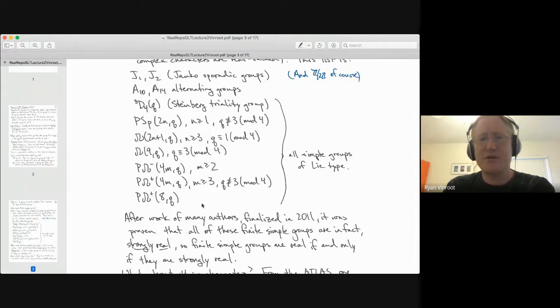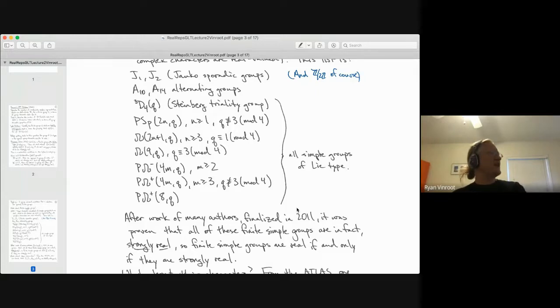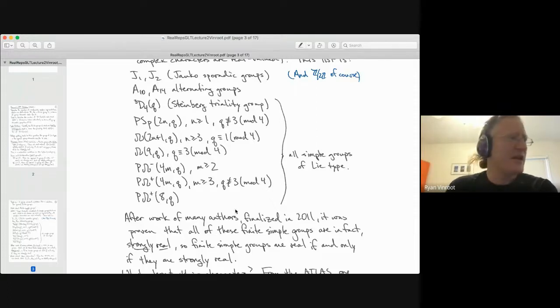There's some other history to this. There is a problem listed in something called the Kourovka notebook, which was from Siberian mathematicians. So there's a group of mathematicians at a Siberian mathematical institute who worked on this problem and got a lot of these things classified, and finally finished in 2011.